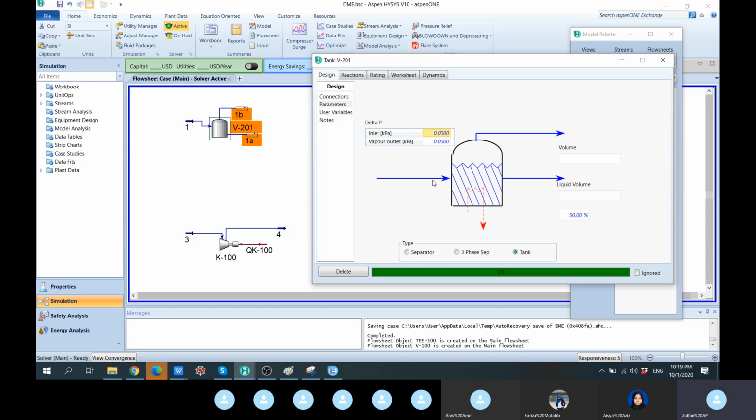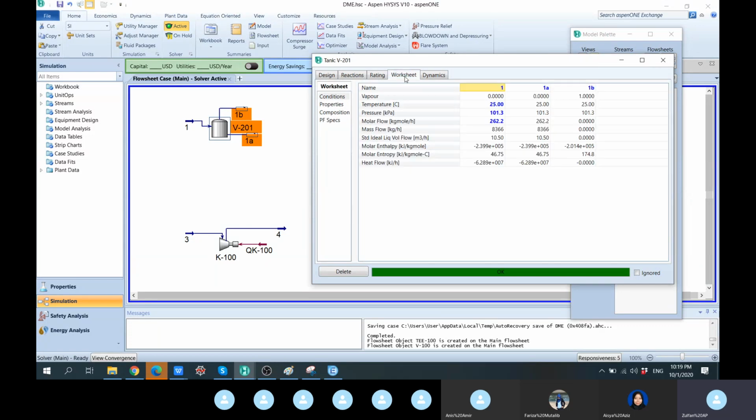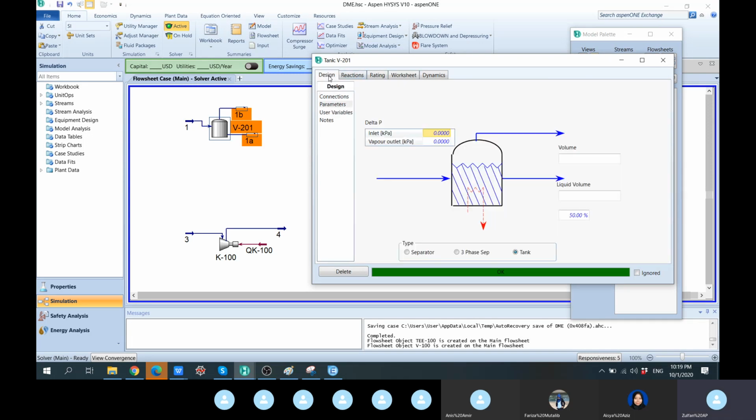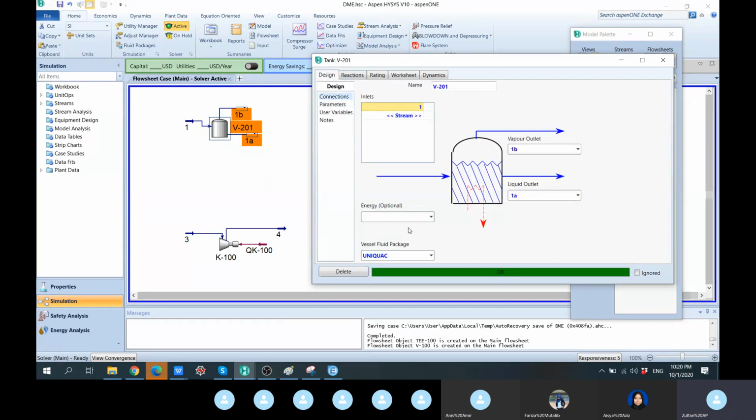Since delta P is the same, it has a connection to the temperature here. You can also see it's the same way when we don't have this optional energy, so we don't specify any energy in or out. So this is automatically 0.